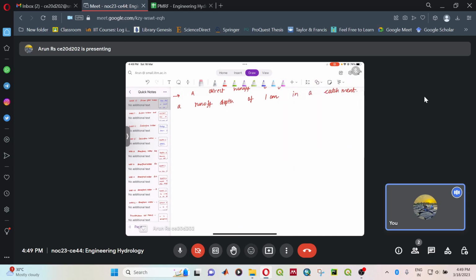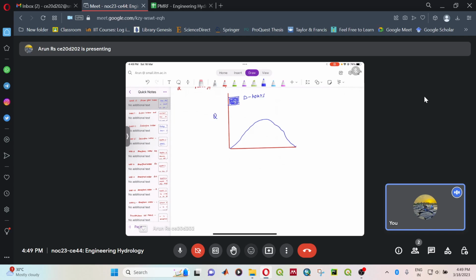So this is like, you have a rainfall that happens for duration D hours, but the magnitude of the rainfall is such that your runoff depth is only 1 centimeter at the catchment outlet.